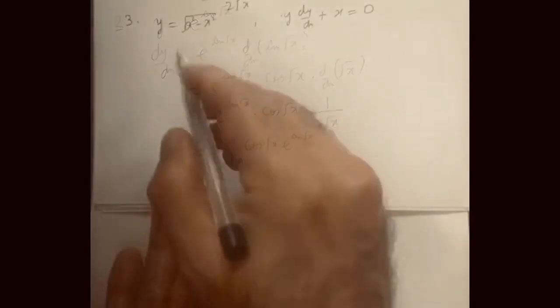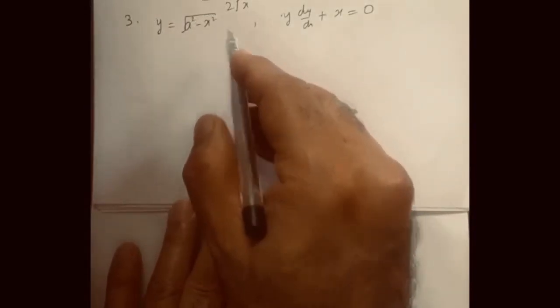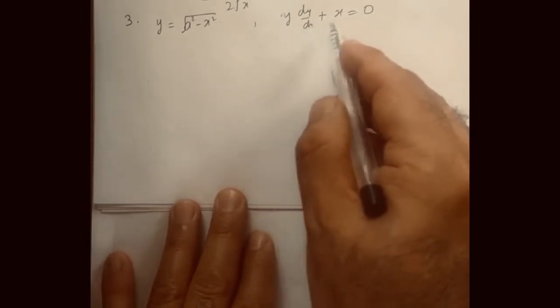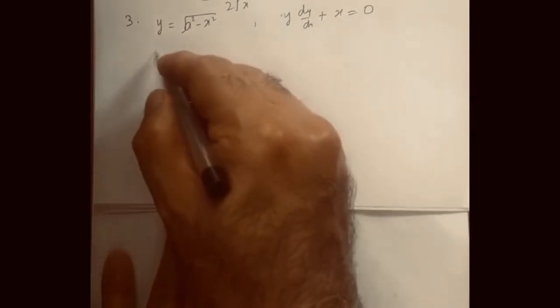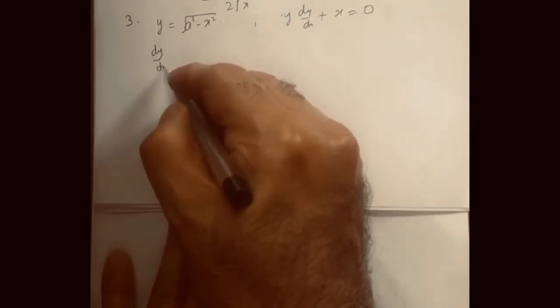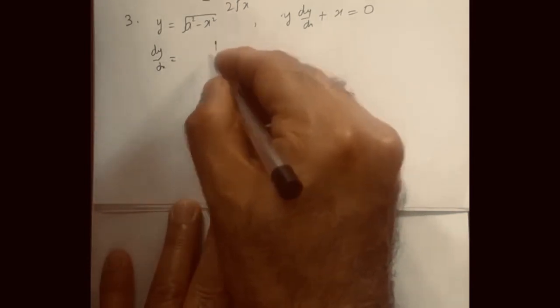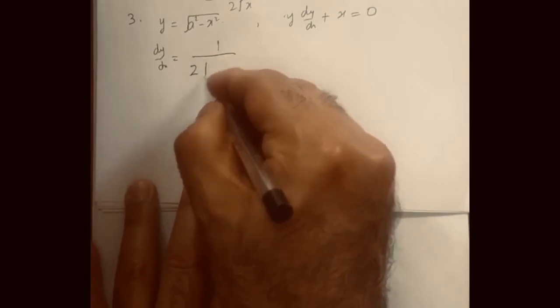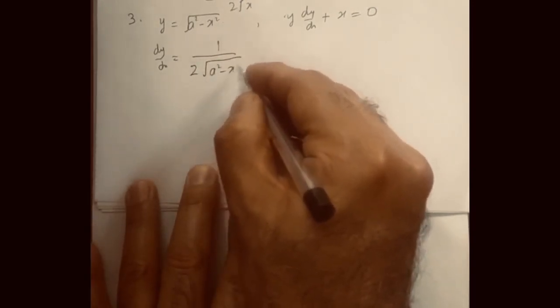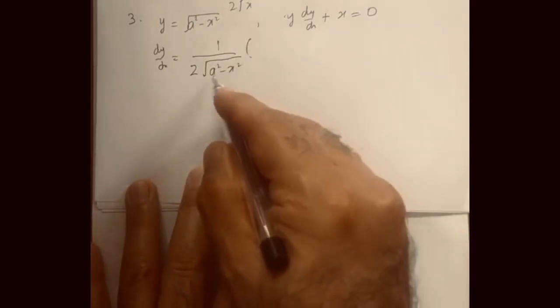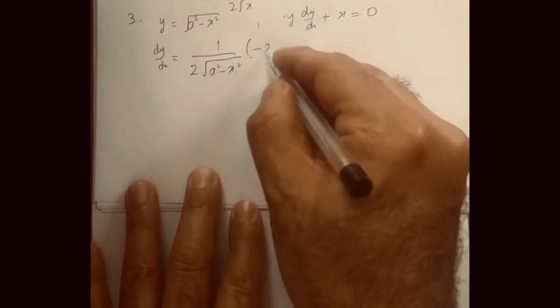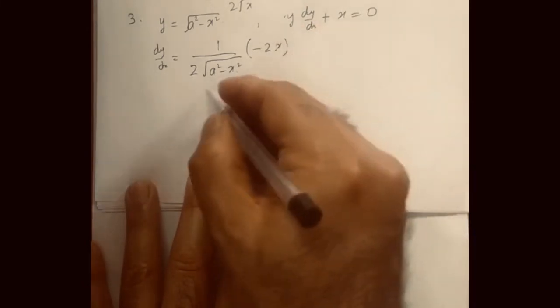of x. Y is equal to root of a square minus x square, and we have to prove y into dy by dx plus x is equal to 0. Y is root of something. Derivative of root of x is 1 upon 2 into root of a square minus x square into then derivative of a square minus x square, which is minus 2x.